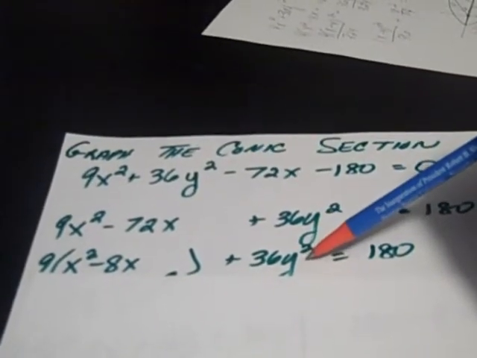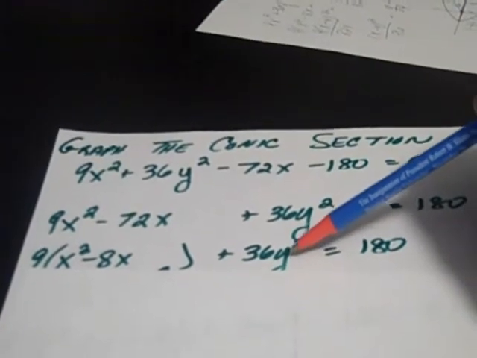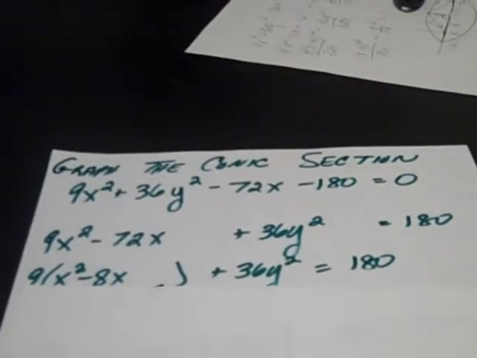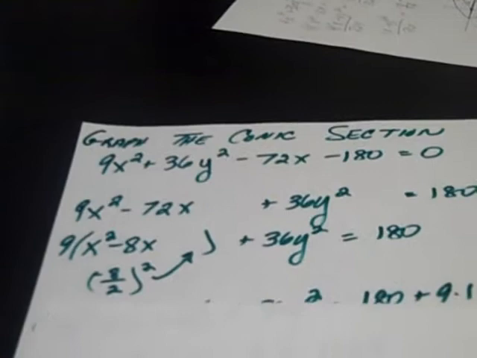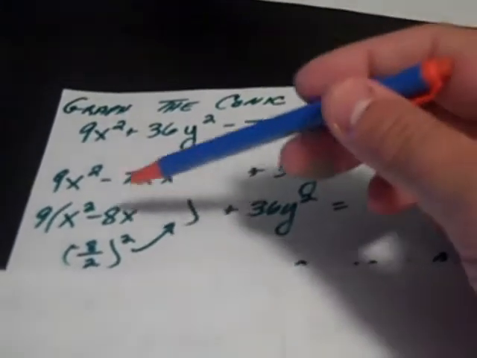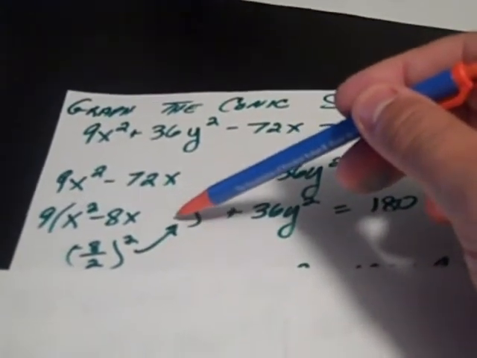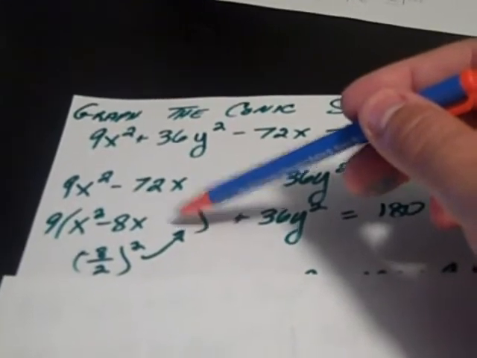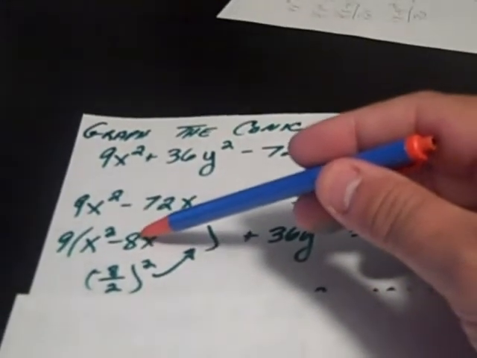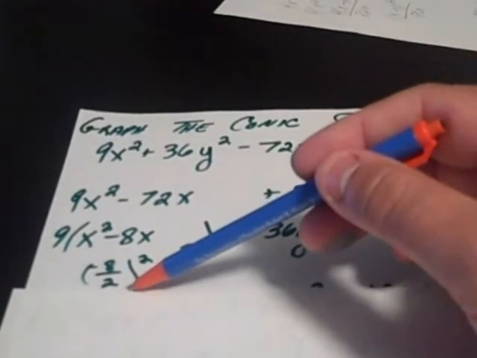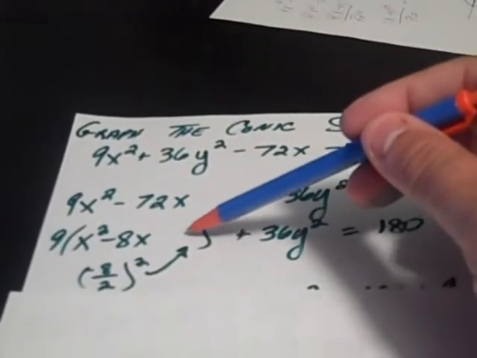Since there are no other y terms, just the 36y squared, this one's going to be easy. Still equal to 180. Now let's actually find that magic number that makes x squared negative 8x a perfect square. The process is we take negative 8, we divide it by 2, that gets us negative 4, you square it, negative 4 squared is 16.